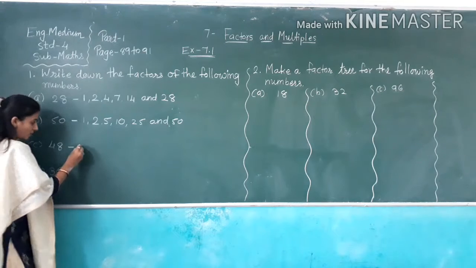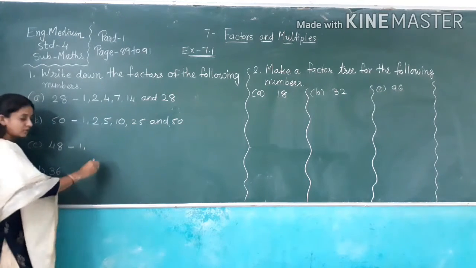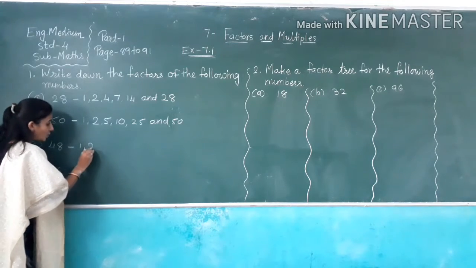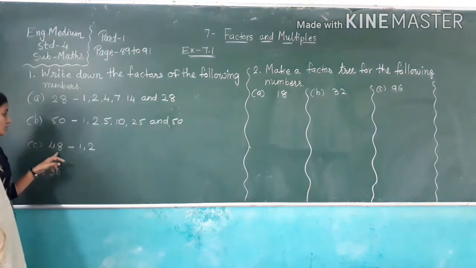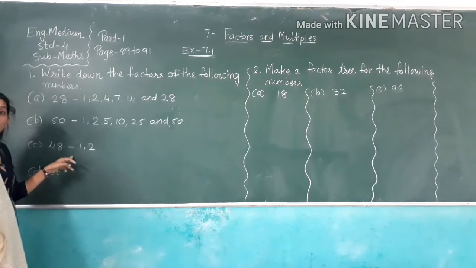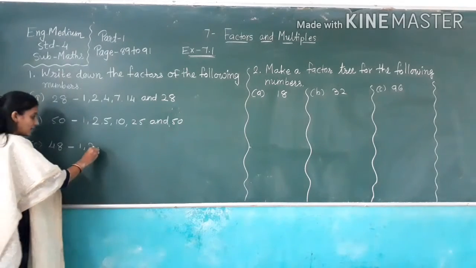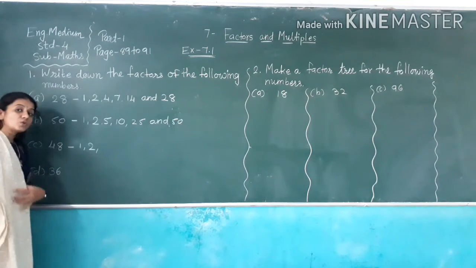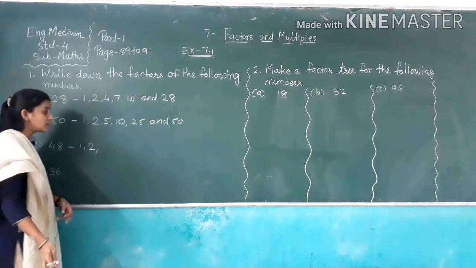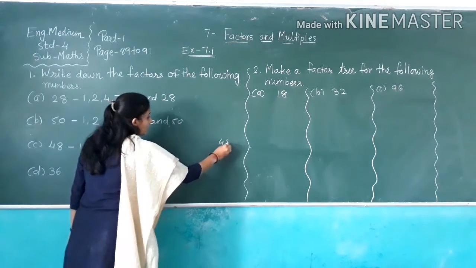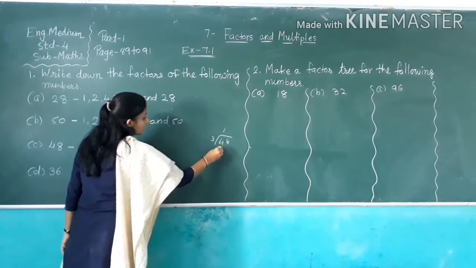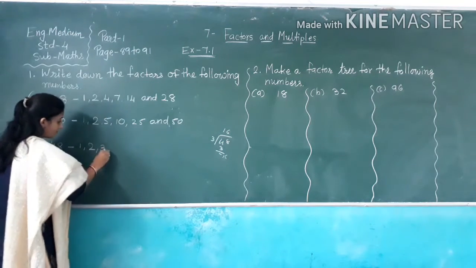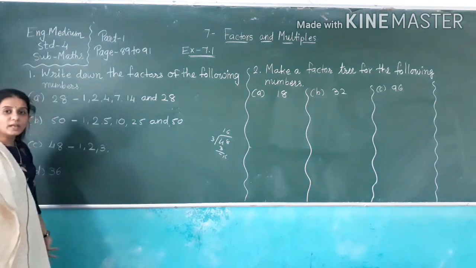Now 48. 1 forty-eights are 48. So 1 and 48. 24 twos are 48. 8 plus 4 is 12, so it is divisible by 3 also. 48 divided by 3: 16 threes are 48.